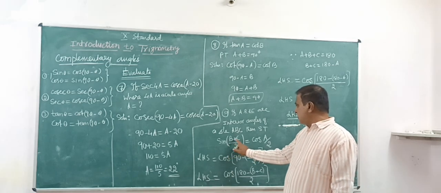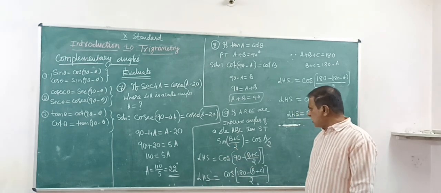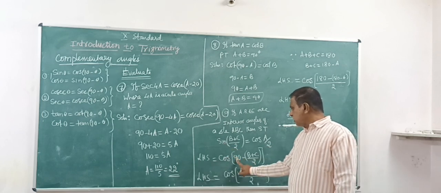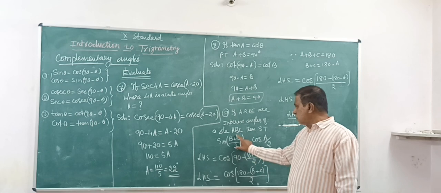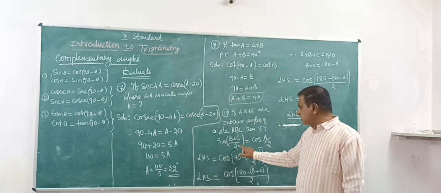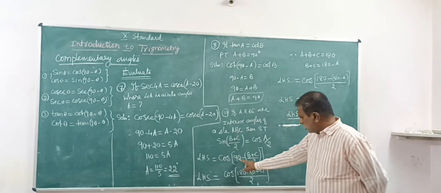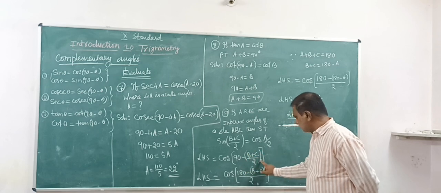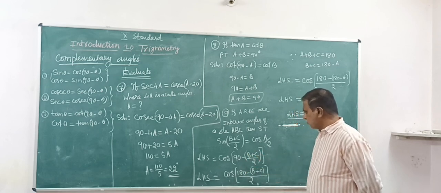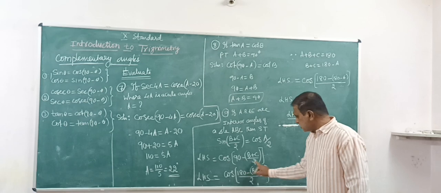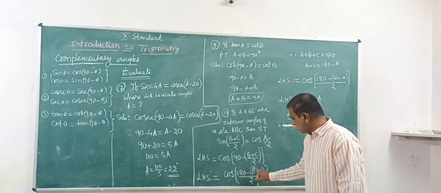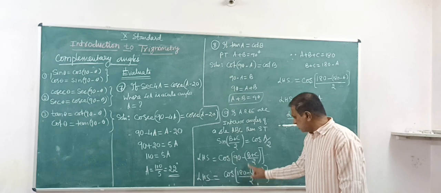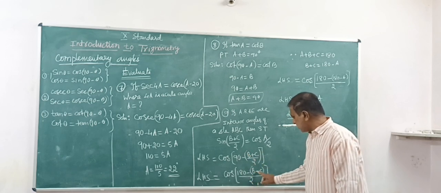Sine of (B plus C) divided by 2 is the same as cos of 90 minus this. Cos of 90 minus theta, where theta is (B plus C) divided by 2. Simplify, take LCM. LCM is 2. This becomes (180 minus (B plus C)) by 2.